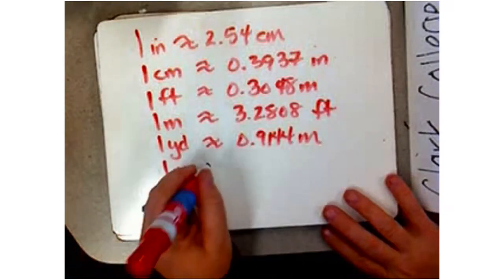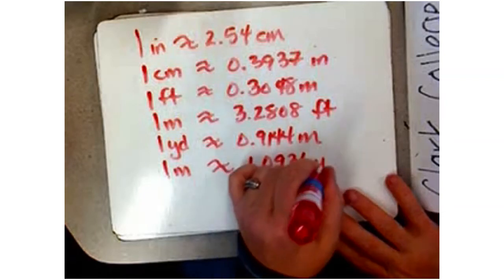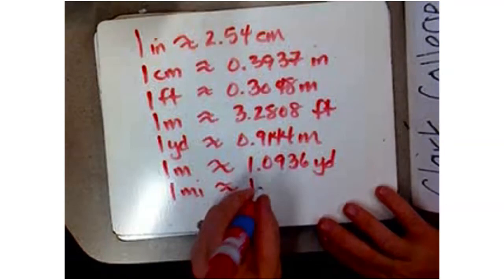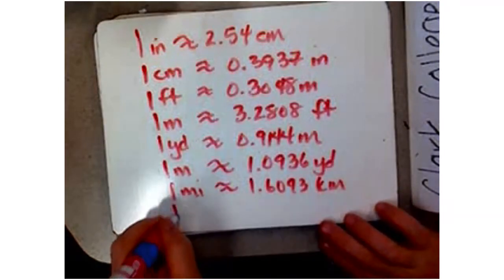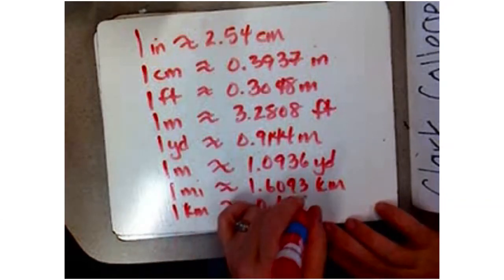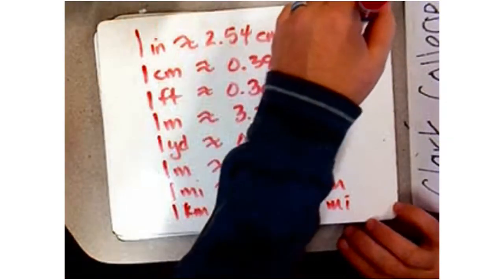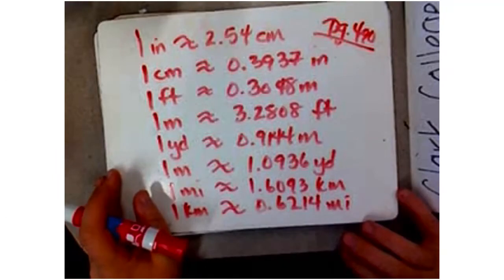And 1 meter is approximately 1.0936 yards. And finally, 1 mile is approximately 1.6093 kilometers. And 1 kilometer is approximately 0.6214 miles. And these are all on page 490 in a table labeled Length Conversions American to Metric.